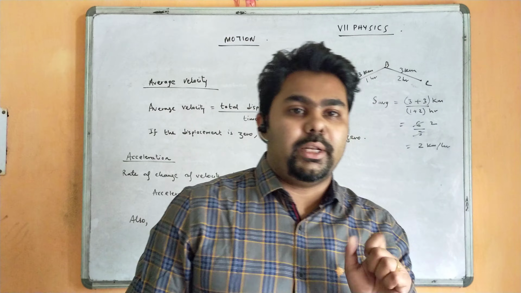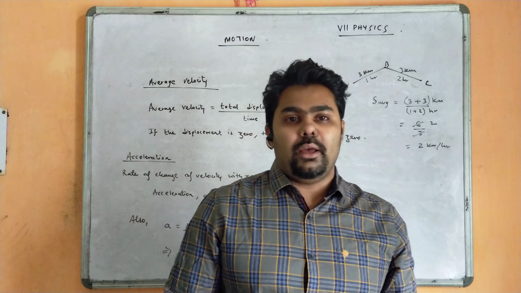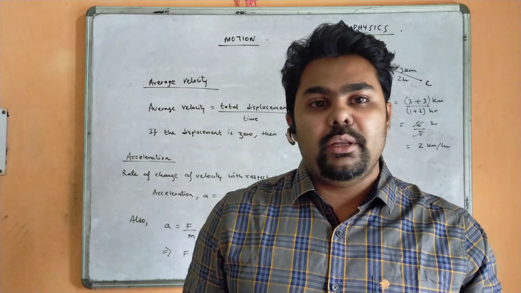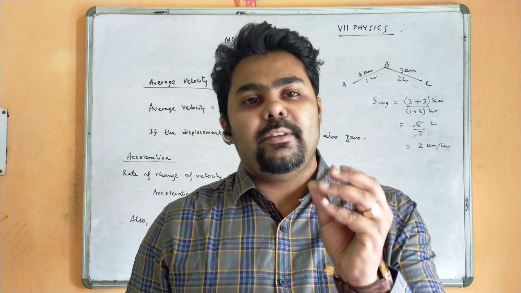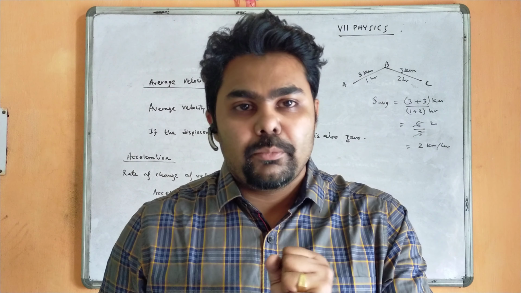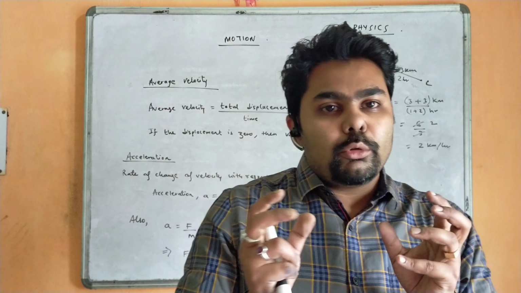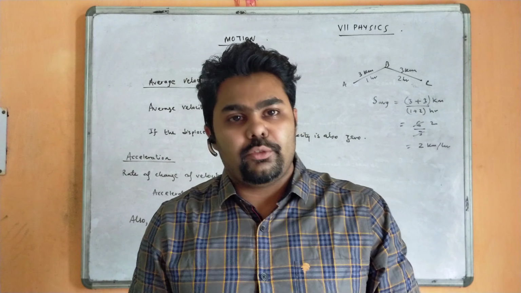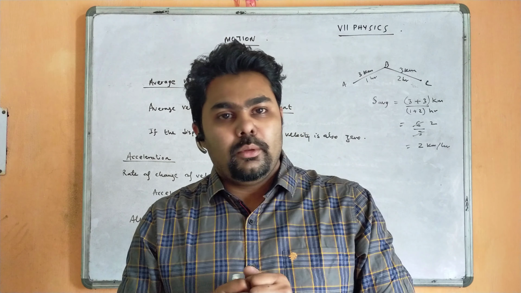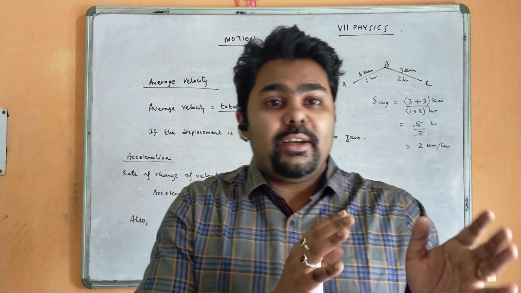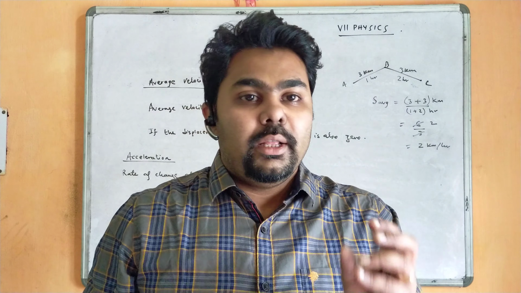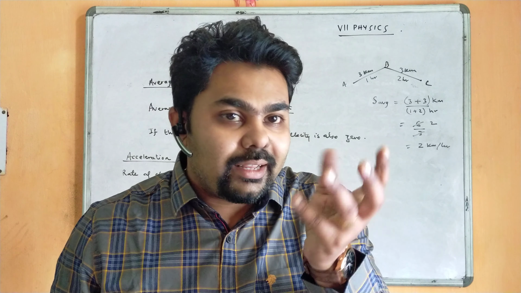Let's understand with one example. Suppose you have two stones. One is very small, let us consider 500 gram, and one stone you have is 5 kg. When you are throwing both the stones with the same force, then whose acceleration will be more here? You will find the object which is lighter.